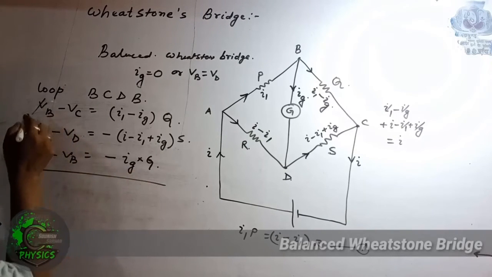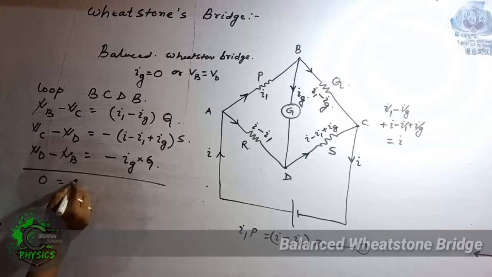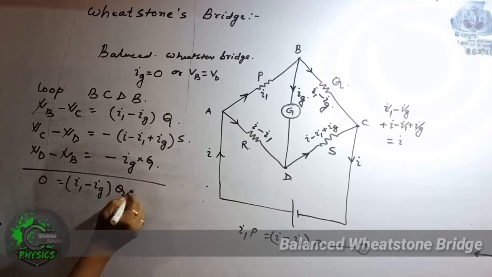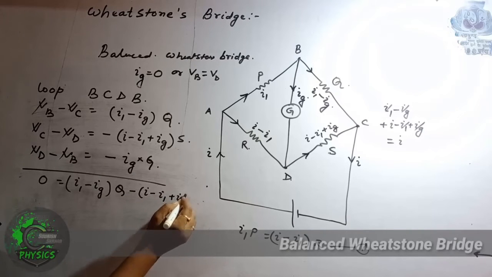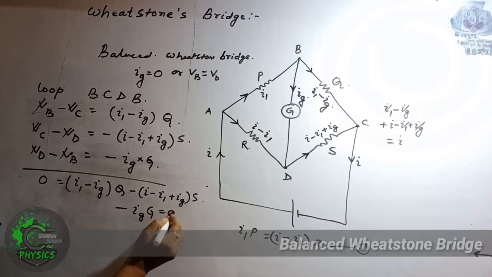So, in this equation, VB, VD, VC cancel out. So, 0 equals I1 minus Ig into Q minus I minus I1 plus Ig into S minus Ig into G equals 0.